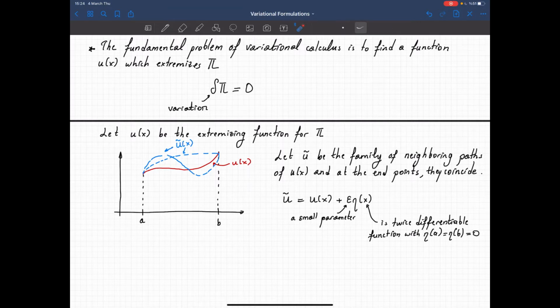So this could be any function, but it has to satisfy these conditions: it is twice differentiable, and nu of a and nu of b must be equal to 0. We can write this as follows: we have the actual u of x, the extremizing function, plus some variation in this u of x.